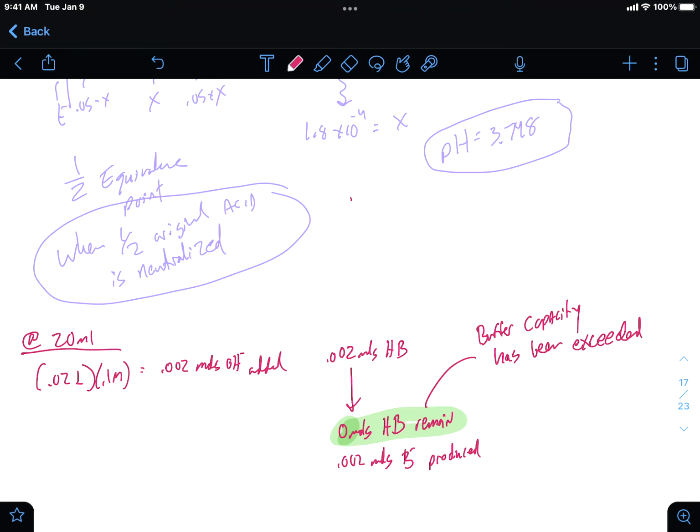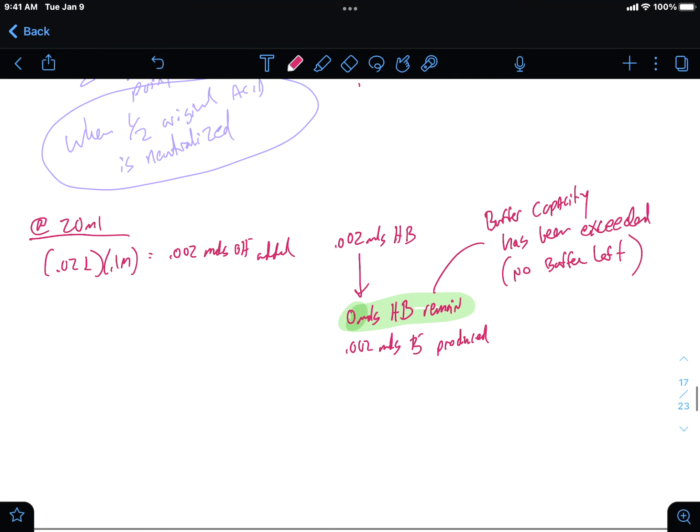In other words, it's no longer a buffer. No buffer left. You only have the conjugate, and the conjugate is a weak base, and therefore you treat this problem as a weak base.